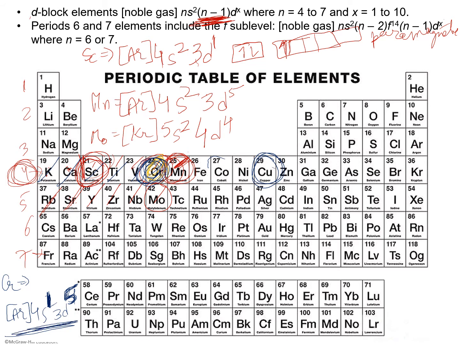Similarly, you're going to first satisfy the d orbital in case of copper. So how would we write the electronic configuration for copper?